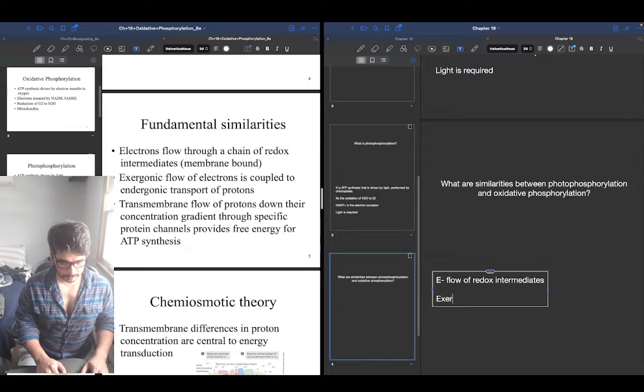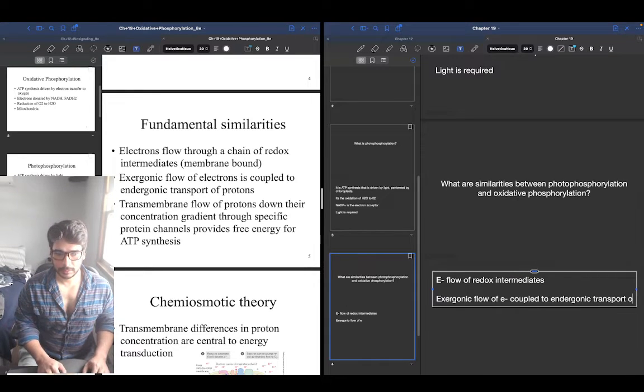Exergonic flow of electrons coupled to endergonic transport of protons.